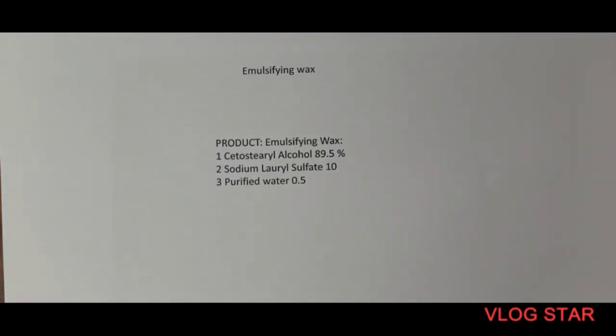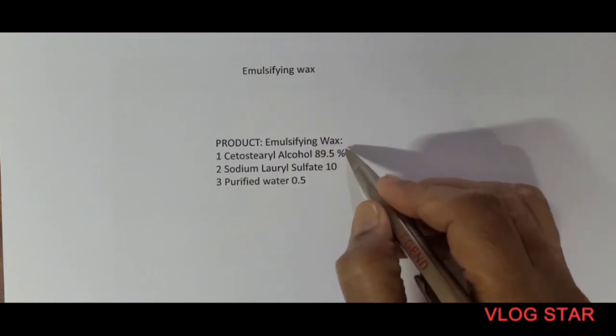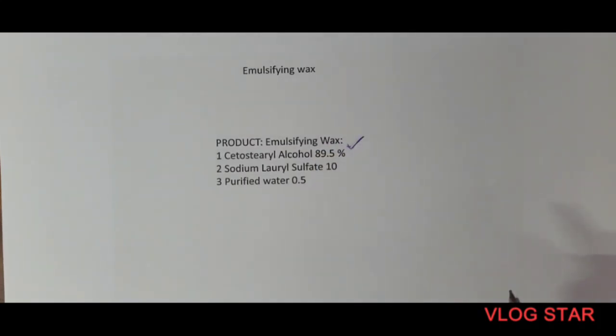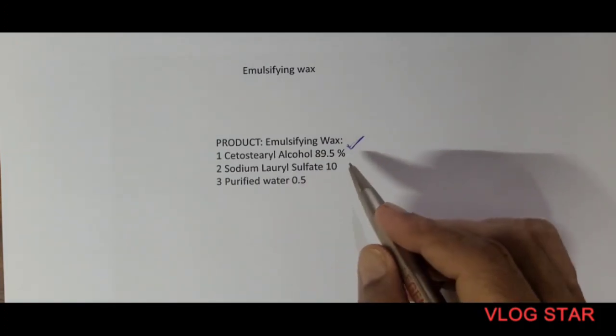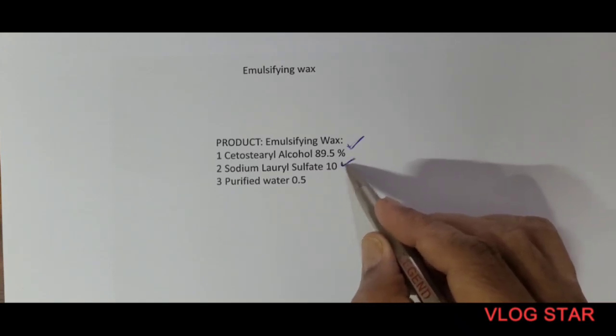So this emulsifying wax is very typical, with fatty alcohol and surfactants, as I would have explained in the theories of emulsions. Cetostearyl alcohol is a combination of cetyl alcohol and stearyl alcohol, and sodium lauryl sulfate is the high HLB emulsifier used in this.